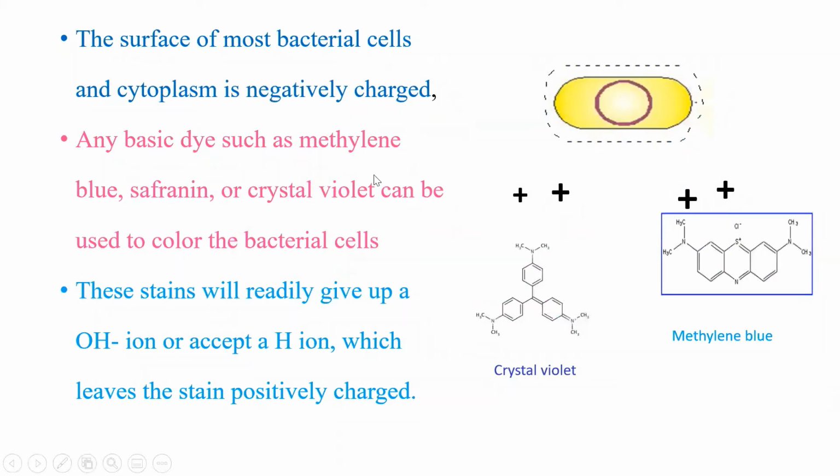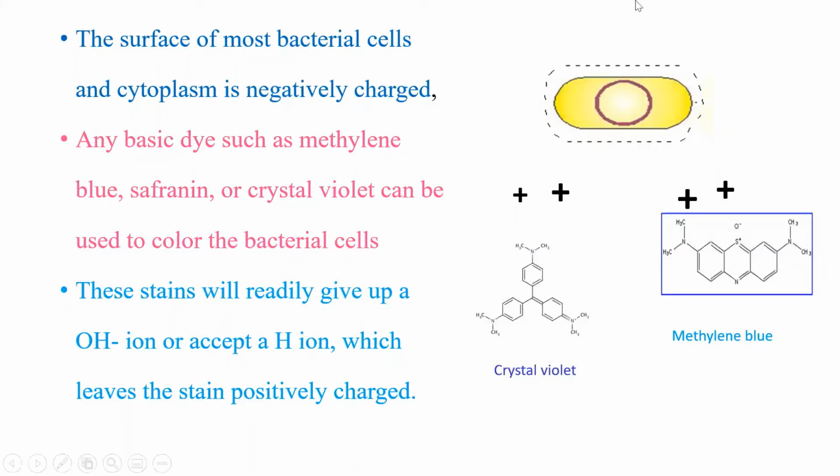Regarding the mechanism of staining, the surface of most bacterial cells and cytoplasm is negatively charged. Any basic dye such as methylene blue, safranine or crystal violet can be used to color the bacterial cells, and they will readily give off a hydroxyl ion or accept a hydrogen ion, which leaves the stain positively charged.